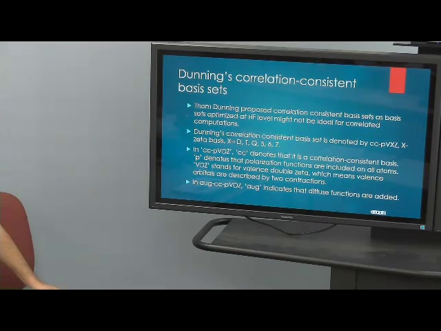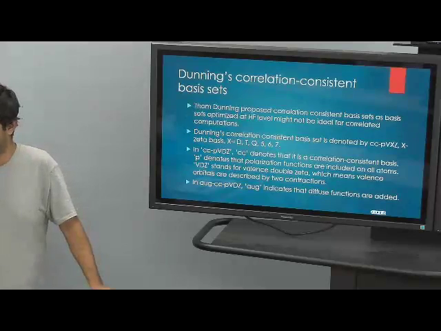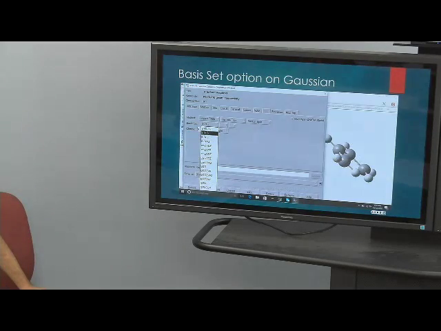And if the prefix AUG is added here, then AUG indicates that the diffuse functions are also added to it. And here is where, in Gaussian, we can use the basis set from this window.